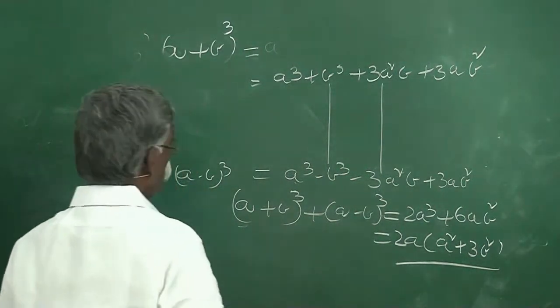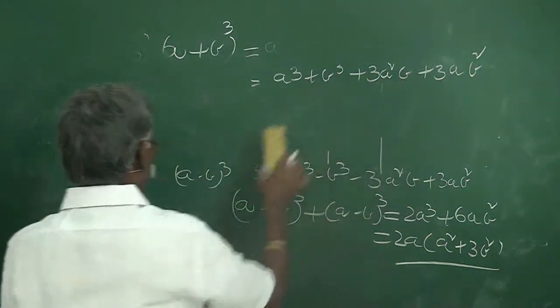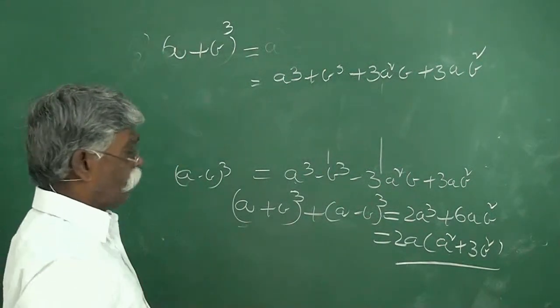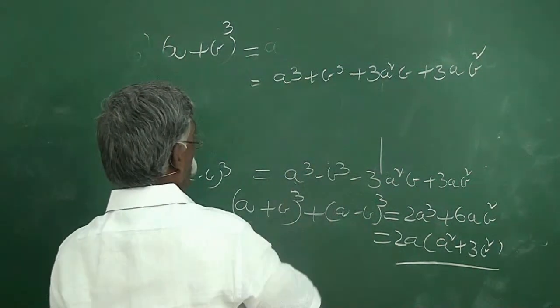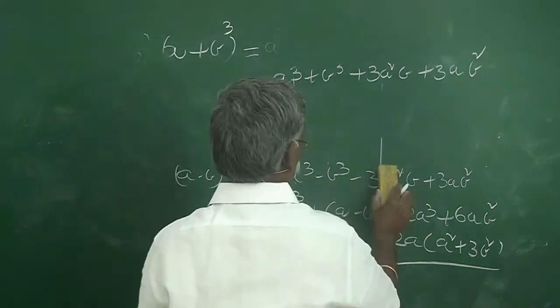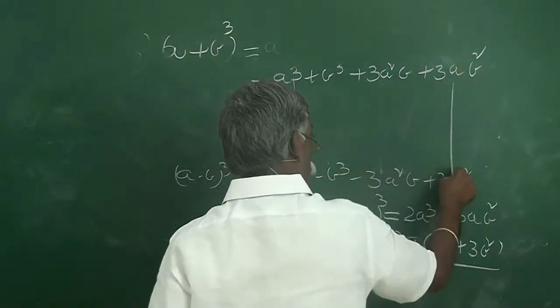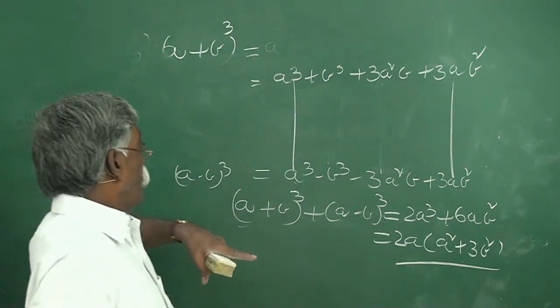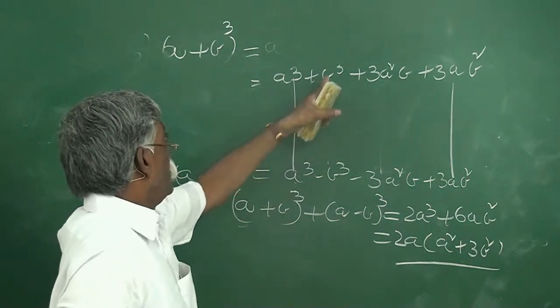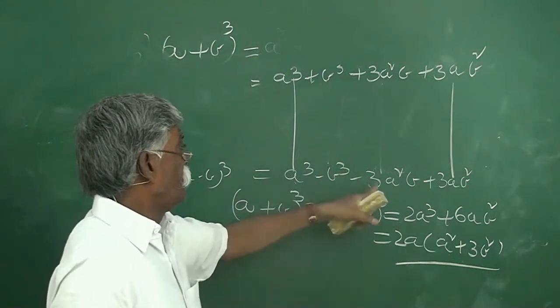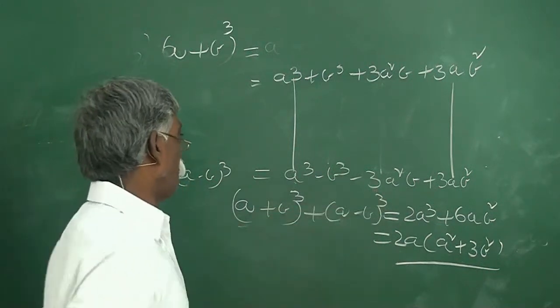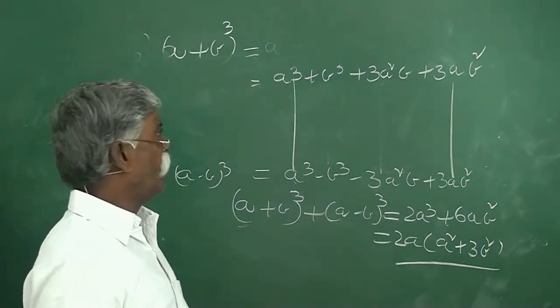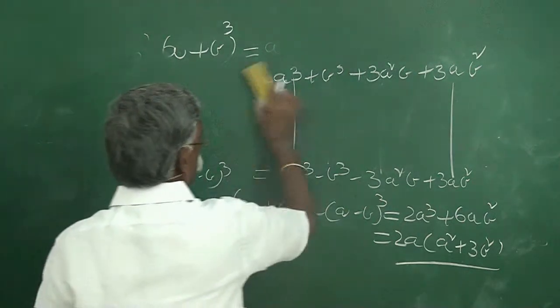Now, if we subtract (a minus b) whole cube from (a plus b) whole cube, while subtracting, these two things get cancelled and these two things get cancelled and we get 2b cube, and this becomes plus. So therefore, it is 6a square b.